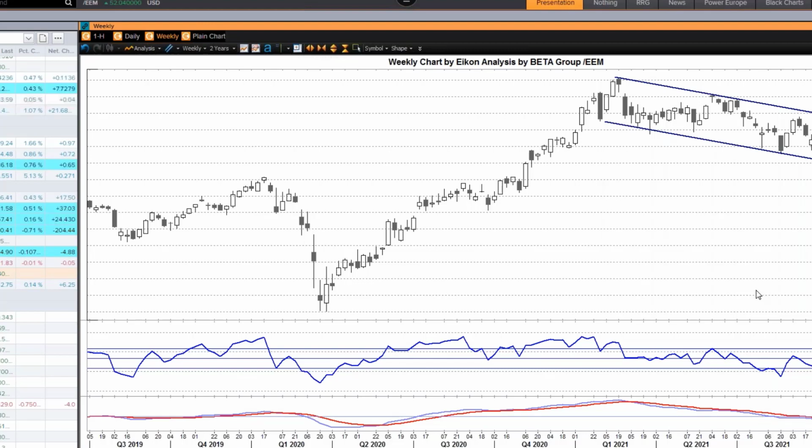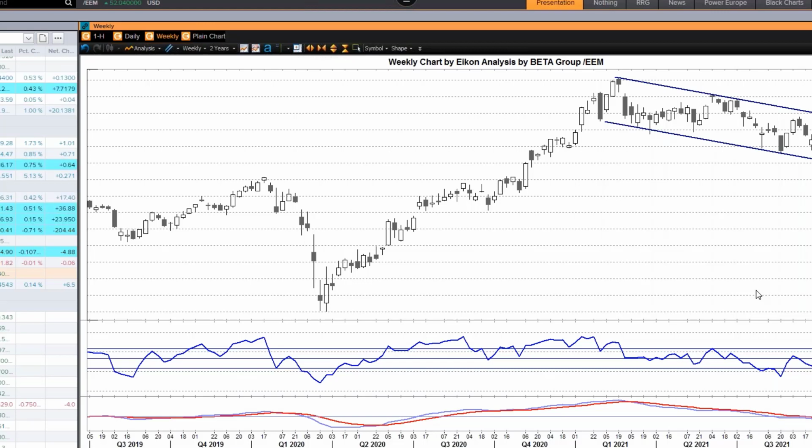So on a very long-term basis, decade basis, it's performing very poorly, certainly compared to the US 500. But on an absolute basis now, it's drifted and it's continued. It hasn't broken out of that trading range. You've got the channel there.